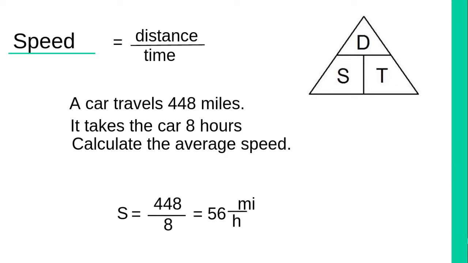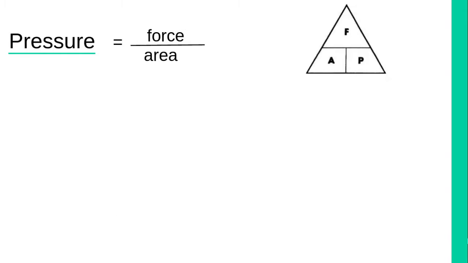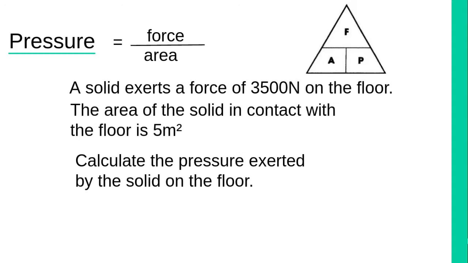Very similarly, we can calculate the pressure. The pressure is a measure of the force divided by the area where the force was applied. So if a solid exerts a force of 3,500 Newtons on the floor, and the area of the solid in contact with the floor is 5 square meters, we can calculate the pressure exerted by the solid on the floor.